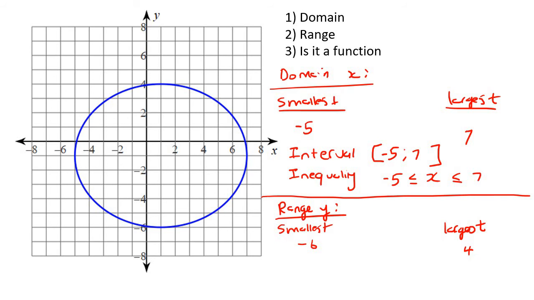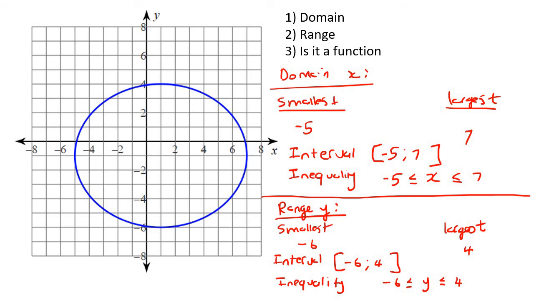So then you would say, if you use interval, square bracket, -6 and 4. Always the smallest number first. And then for inequality, you would say that the y values are bigger than or equal to -6, but smaller than or equal to 4. So the y value is anything between -6 and 4.